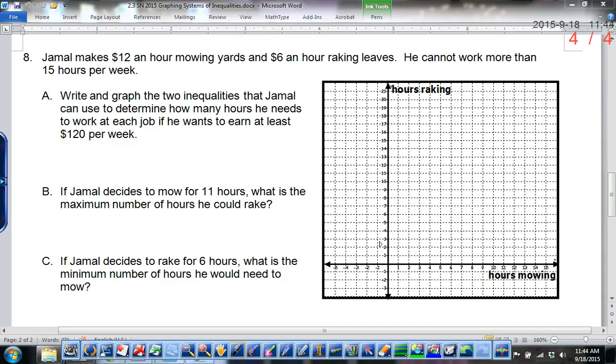All right, so what are our variables? x represents what? Hours mowing, and y represents hours raking. So total, he cannot work more than 15 hours per week. So how would I represent that?